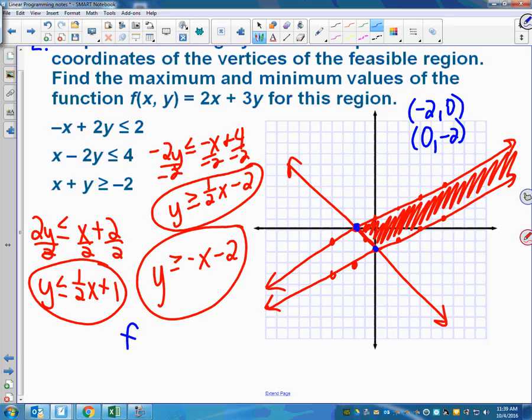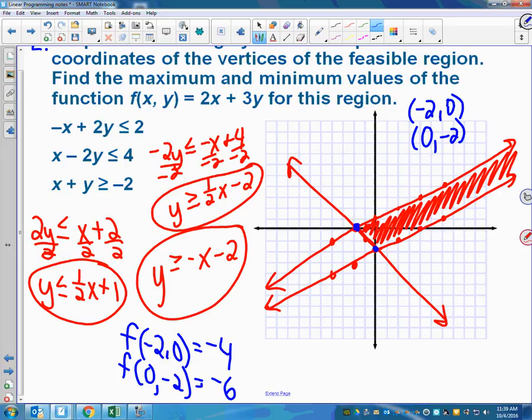It's a different function notation. So I'm just going to plug in -2, 0, and I would get -4. And then if I flip it around and do 0, -2, I would get -6.